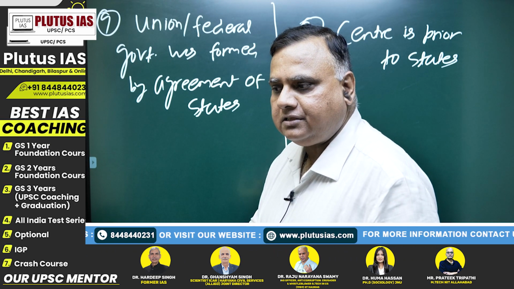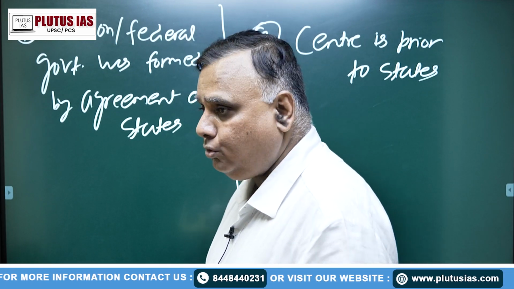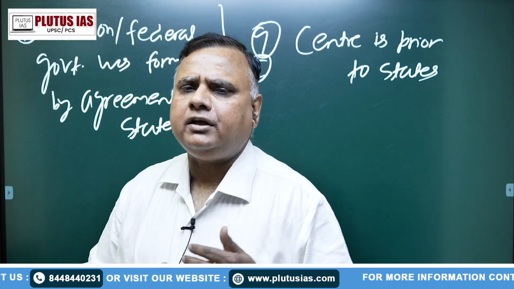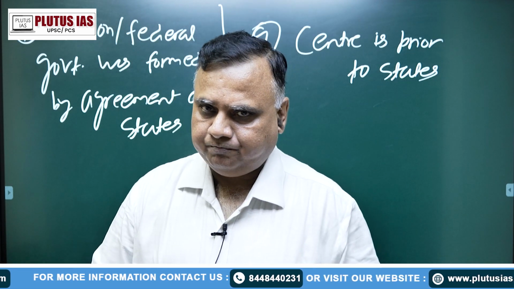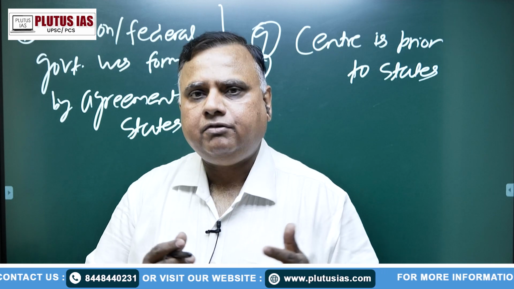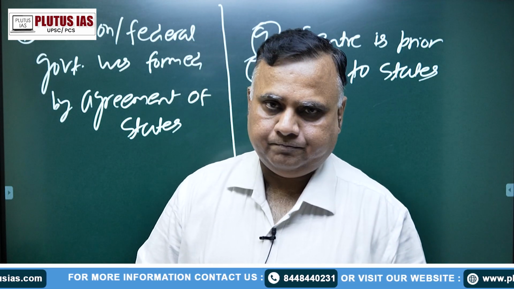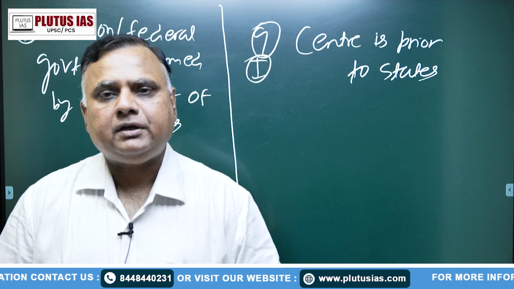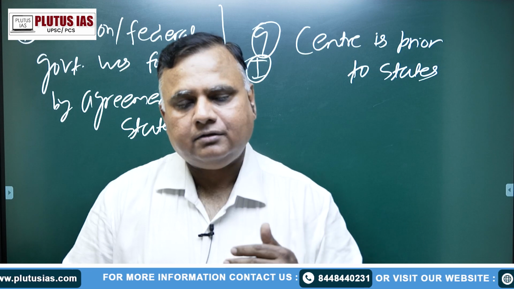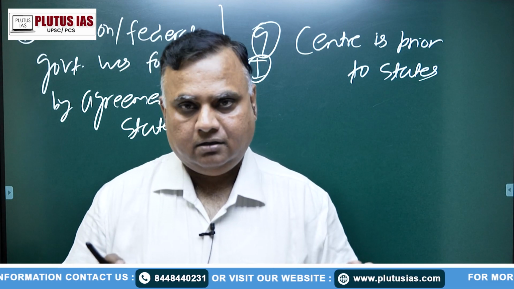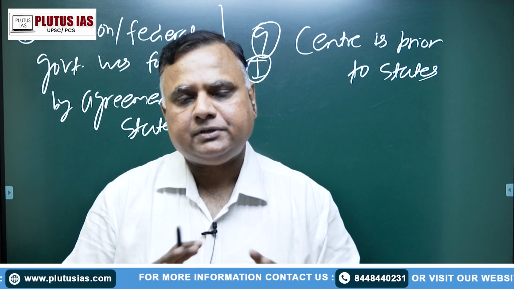Our constitution makers visualized that there may be potential conflict between the two tiers of government, particularly when the party in power at the center is different from the party in power at the states. Then conflicts are bound to take place. This is the reason why our constitution makers provided parts 11, 12, 13 to define the center-state relationship, to ensure that it is explicit.